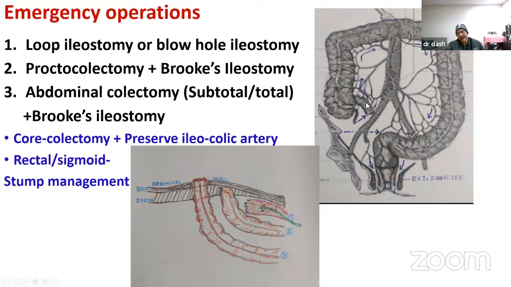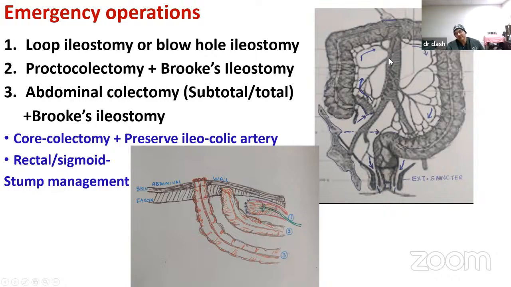This is not a proven fact, but this is what is advocated by many people. So the terminal ileum, and then we stay very close. If we stay inside the arcade, then there is a chance of injury to the colon. We just stay outside the arcade and then go on dividing the vessels.